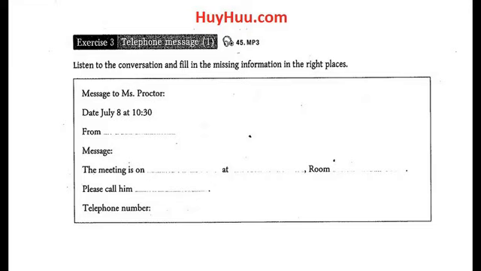Tuesday at 9:30 in room 214. And would you ask her to call me this afternoon to confirm this? My number is 541-3099. 541-3099. Yes, Mr. Kale, I will give Ms. Proctor the message. Thank you. Goodbye. Goodbye.